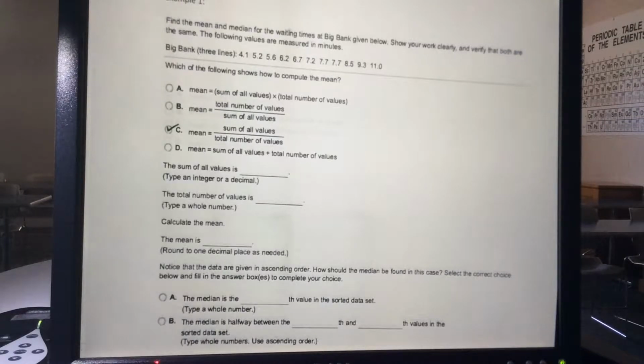Okay, and now we're going to find the sum of all the values here. Well, we just simply add up these numbers that we have in that particular data set.